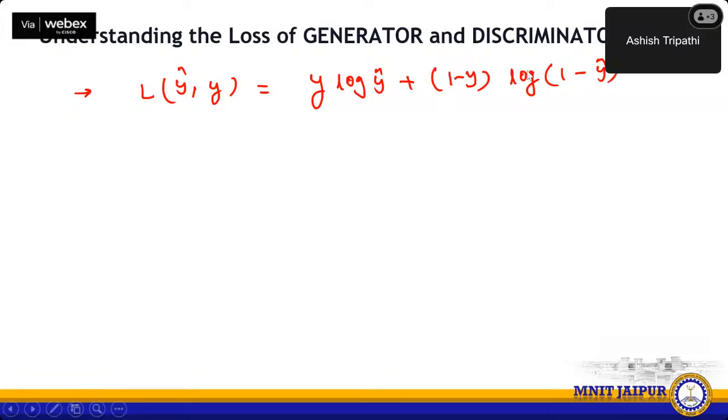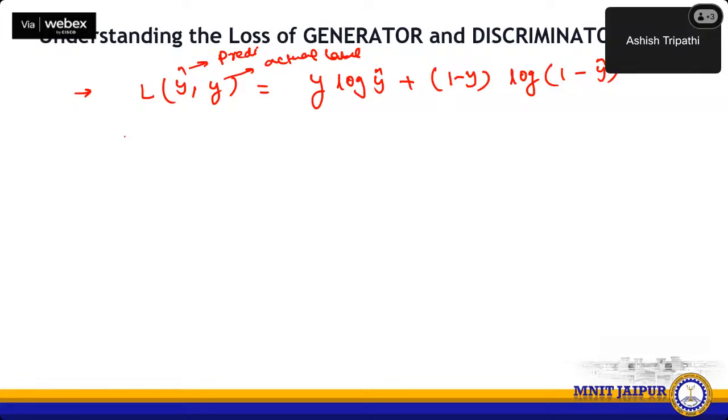This is the equation for the binary cross entropy loss, where you already know that y hat is the predicted output and y is the actual label. Y hat is the predicted value and y is the actual value. This is called binary cross entropy loss.